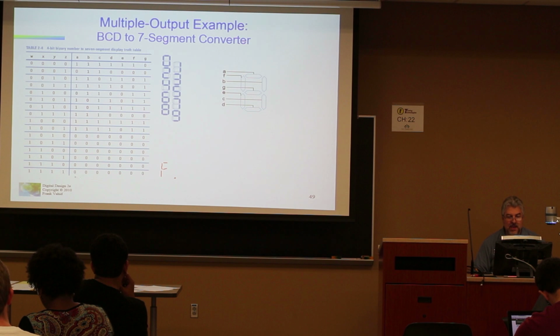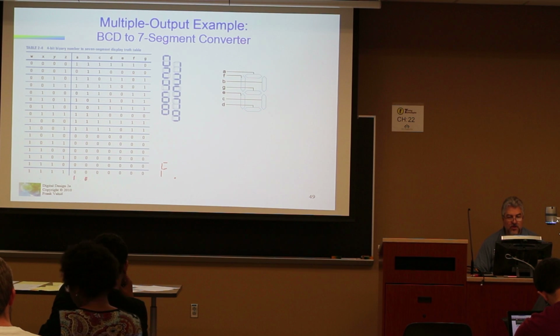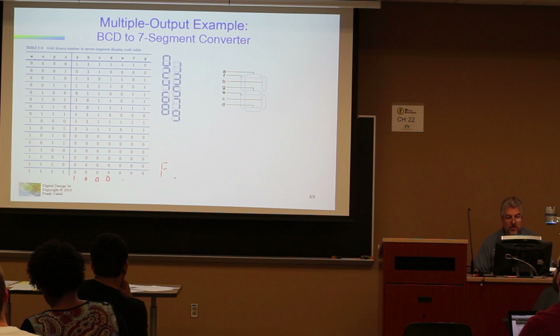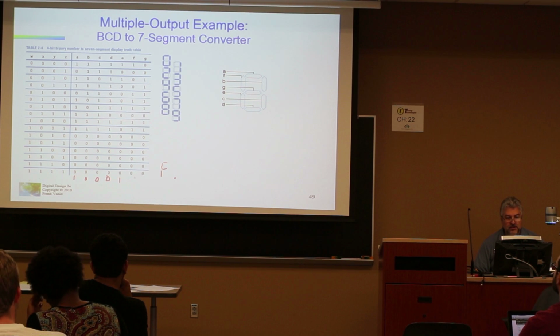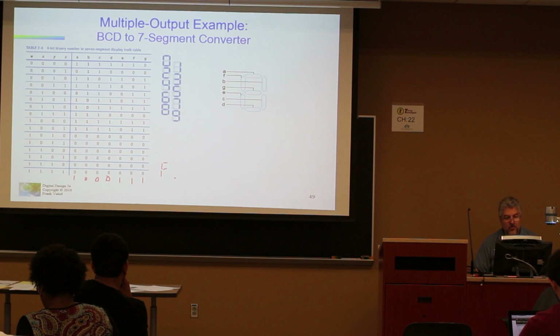Am I lighting A? Yes. B? No. C? No. D? No. E? Yes. F? Yes. G? Yes. There you go. We have now just done some of the problem associated with lab number 2.